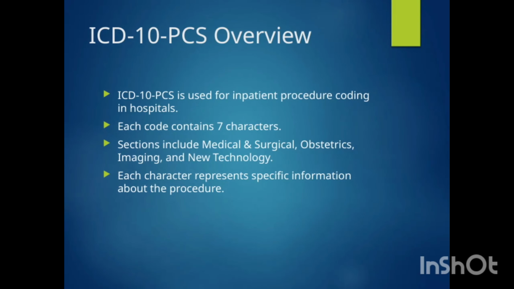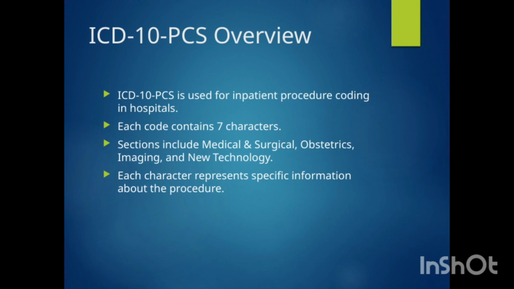ICD 10 PCS is the system we use for inpatient procedure coding in hospitals. Each of these codes is made up of 7 characters, and those characters are really key to understanding the procedure. The codes are divided into different sections, such as medical and surgical, obstetrics, imaging, and new technology.